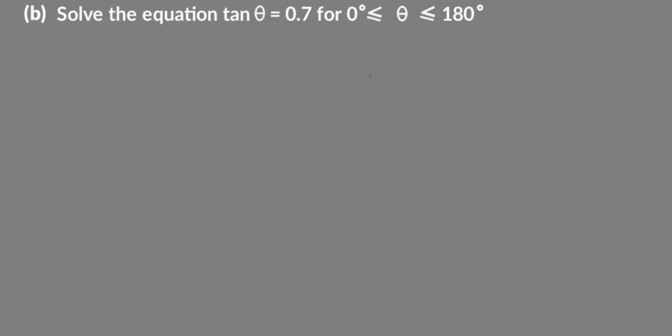The question you have to ask yourself here is, when I look at the quadrants, I've got all trigonometric functions positive in the first quadrant. In the third one, we've got tan, which is positive. In the fourth, we've got cosine.